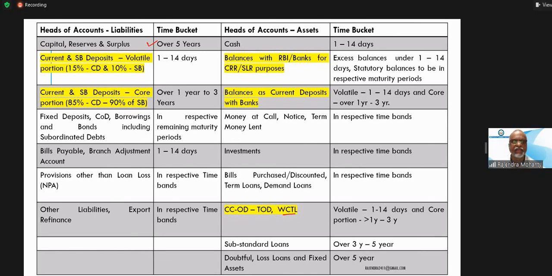All these 4 things which are highlighted in yellow, what RBI advises or prescribes for such accounts, these are basically running accounts. Running account in the sense that at any point of time the customer or borrower can easily deposit something or withdraw something.